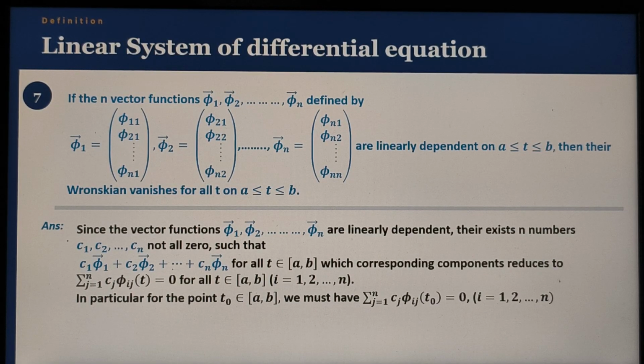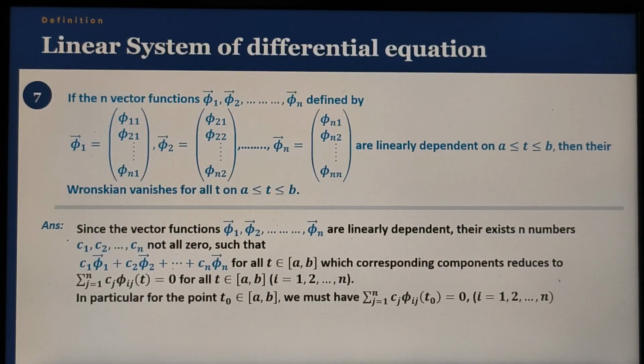Since the vectors phi 1, phi 2, phi n are linearly dependent, so there exist n numbers c1, c2, cn not all 0 such that c1 phi 1 plus c2 phi 2 plus cn phi n equal to 0 for all t belongs to [a, b], which, corresponding to the components, reduces to the summation of cj phi ij equal to 0 for all t belongs to [a, b], and i equal to 1 to n.